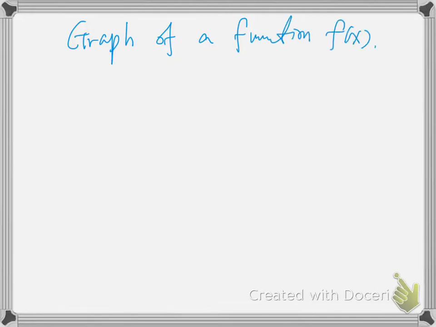Okay, so now let's talk about the graph of a function. What's the definition of that? The graph of the function is the set of points x comma f of x.